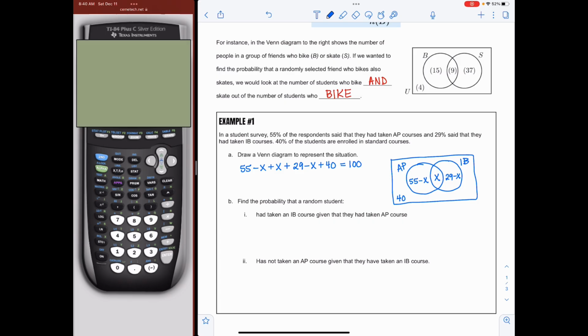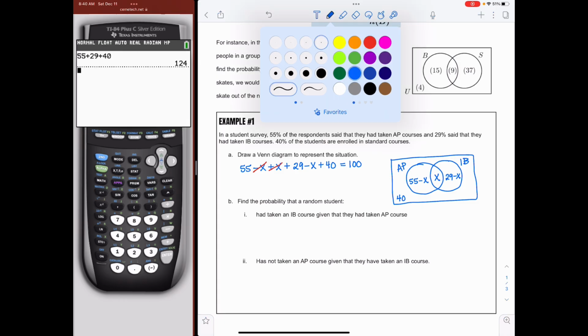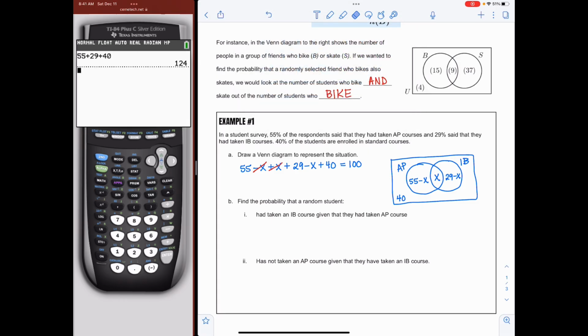So if I combine like terms and simplify, I would have 55 plus 29 plus 40, which will end up giving me 124. And then the negative and the positive X would cancel here, and I would just bring down the other minus X. So I would have 124 minus X, which equals 100.